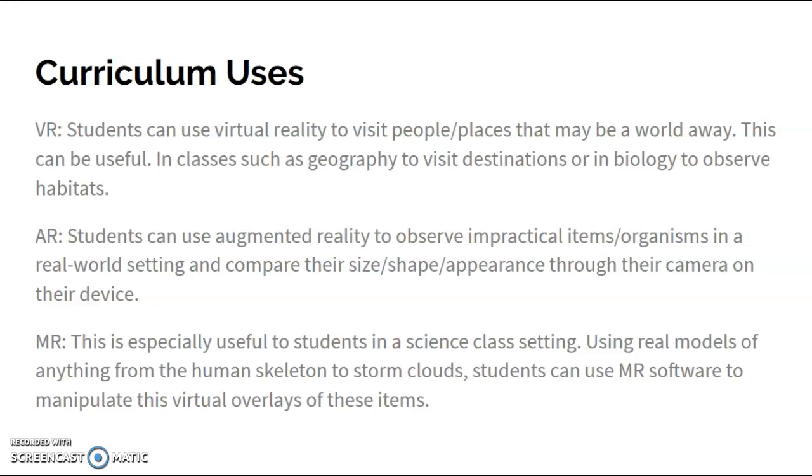For augmented reality, students can utilize this technology to observe impractical items or organisms in a real-world setting and compare their size, shape, or appearance through the camera on their device. Now, this seems much more novel than the virtual reality application. Some examples of this I found would be viewing animals, superimposed animals obviously, through a camera in a computer or a cell phone that makes the appearance that the animals are on your tabletop, depending on their size, or standing beside you.